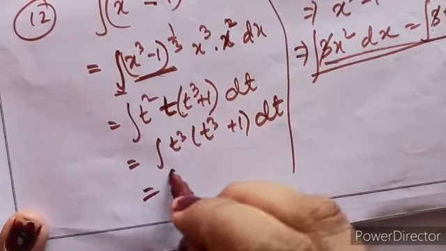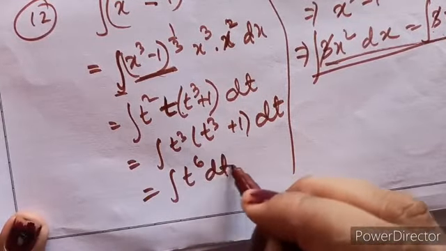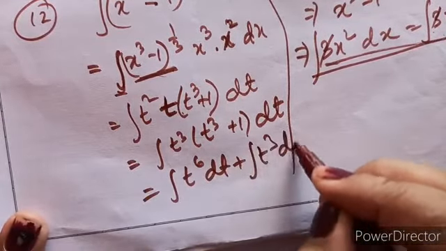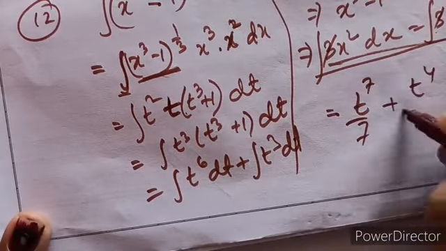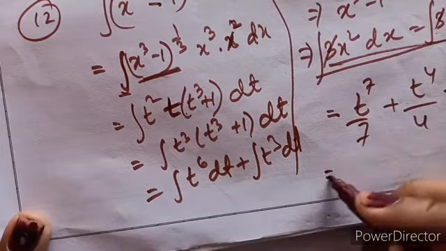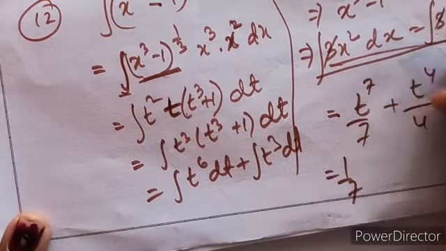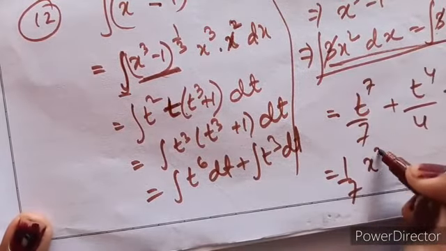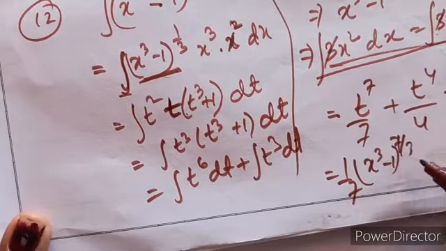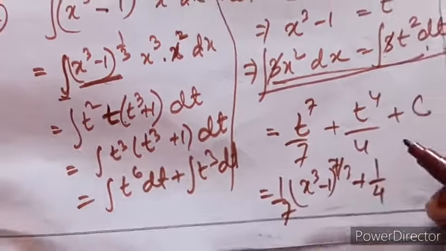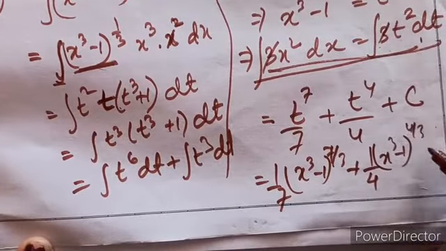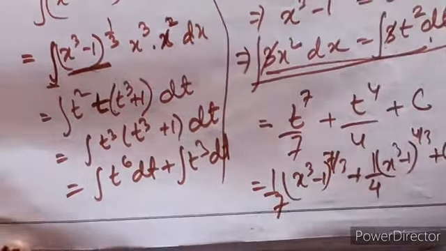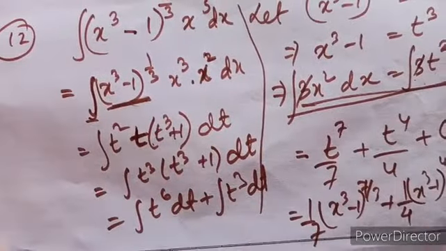So I can write integration t to the power 6 dt plus integration t cube dt. That is t to the power 7 by 7 plus t to the power 4 by 4 plus c. Now in place of t, what you have taken, we can write it as it is. That will be x cube minus 1 to the power 7 by 3, divided by 7, plus 1 by 4, x cube minus 1 to the power 4 by 3, plus c. So this is the answer of your question number 12.